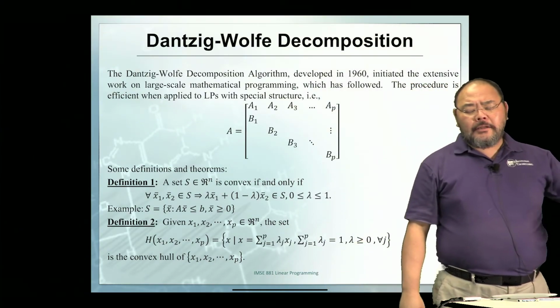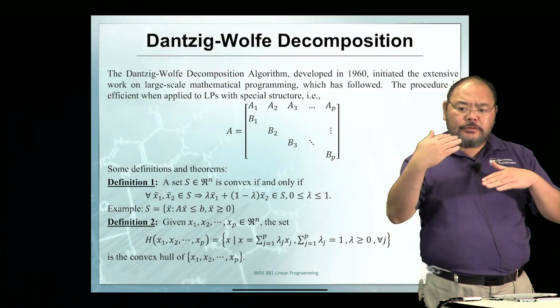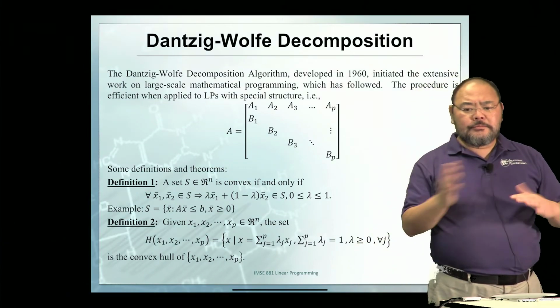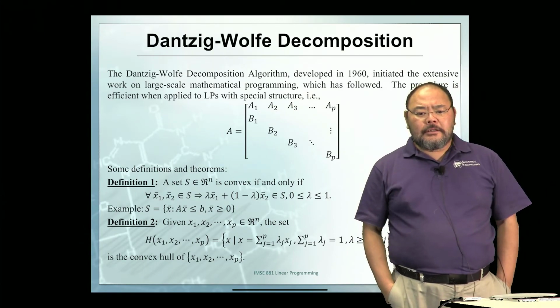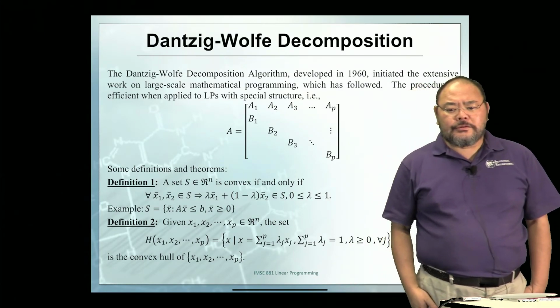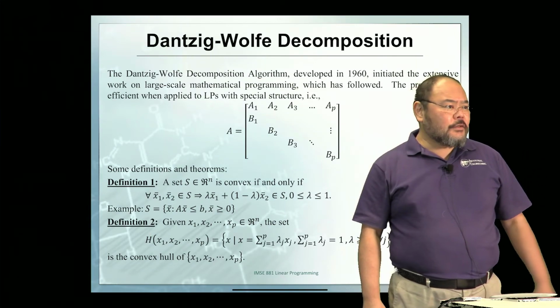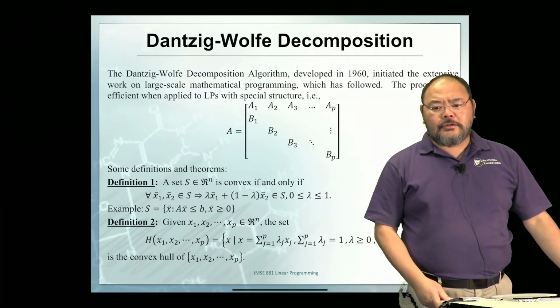Benders decomposition method generates rows at each iteration. So there are two different popular decomposition techniques to solve large-scale problems. Let's focus in this lecture on column generation, the Dantzig-Wolfe decomposition algorithm.